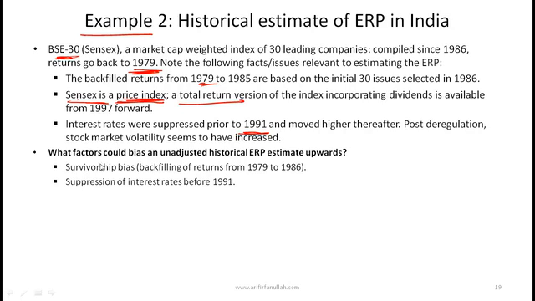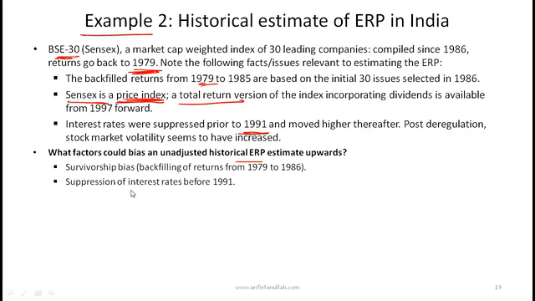So now the question is, what factors could bias an unadjusted historical ERP upwards? The answers are right here actually. One is the survivorship bias. Because of that survivorship bias, the ERP estimate based on Sensex minus risk-free rate would be higher than what it should be.